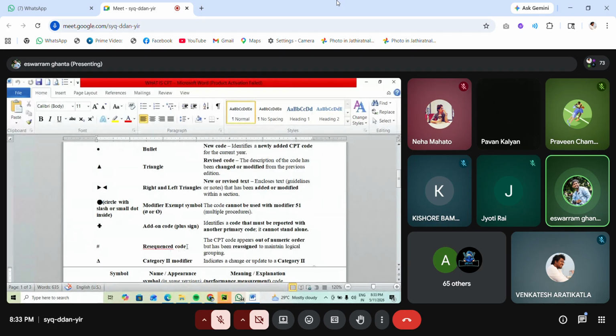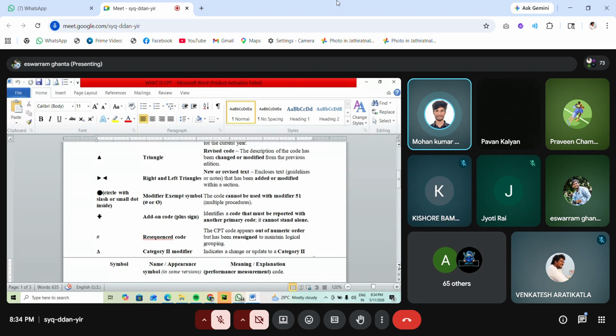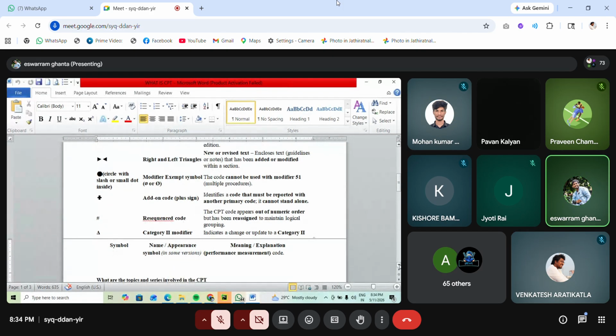Next, what is meant by the resequenced code? Did you understand what is the add-on code and what is the resequenced code? Yes, sir. So once you can repeat the resequenced code. So see, there is a sequence of numbers. ఇది పక్కన పెట్టేసండి. Just understand the sequencing. Sequence in the sense, after 10,000 what is the next number? 10,001. Next 10,002, 10,003.